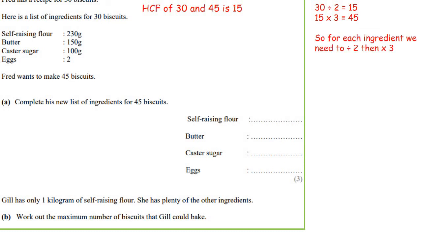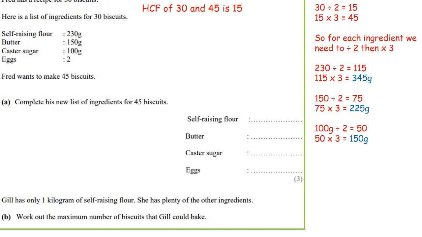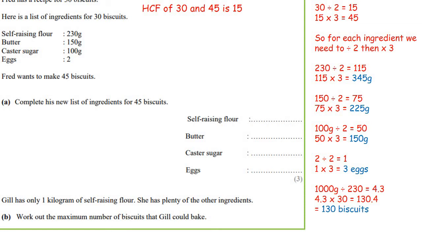I'm going to do that for each ingredient. Divide by 2 and then multiply by 3. So the first one, 230 grams divided by 2 is 115, multiplied by 3, 345. I'm going to do that for each of the ingredients, and then I can fill in my answers on here.